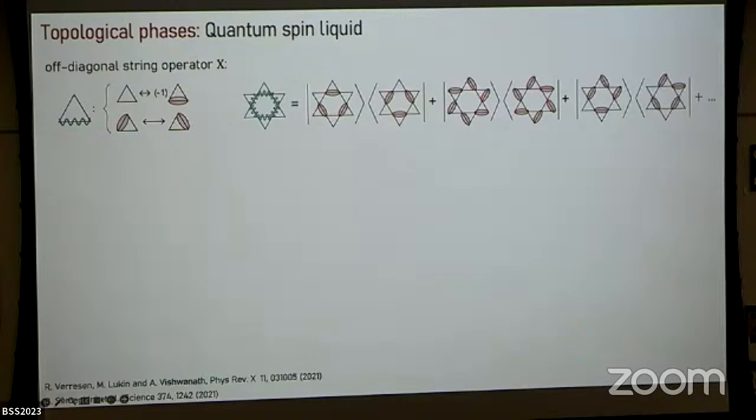So what the X operator does when you apply it on a closed loop is to transform a perfect dimer covering into another dimer covering. So you stay within the dimer covering subspace, but you transform one into the other. And so this means that if you measure X on a closed loop, and you find an expectation value that is finite, this is a signature of coherence in your state between different dimer coverings.